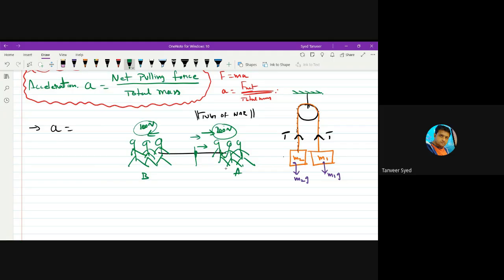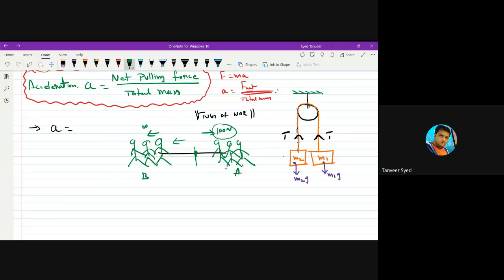So team A wins. If team B applies 200 Newton and team A applies 100 Newton, team B will win because the net force is again 100 Newton towards the left. The kerchief moves towards the left. If both apply the same force, nobody wins.